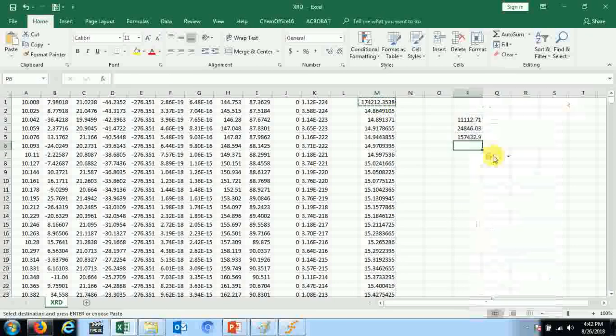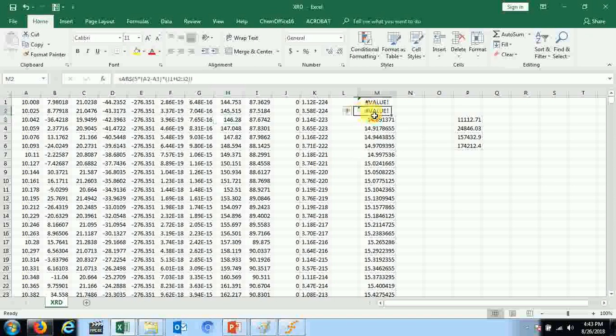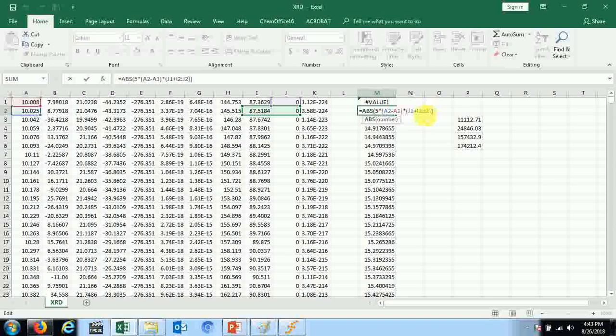For the next peak, once again I have to include this peak also. I can write it by using the keyboard, otherwise I can write it by dragging it.